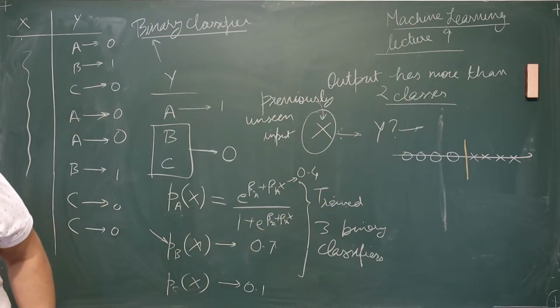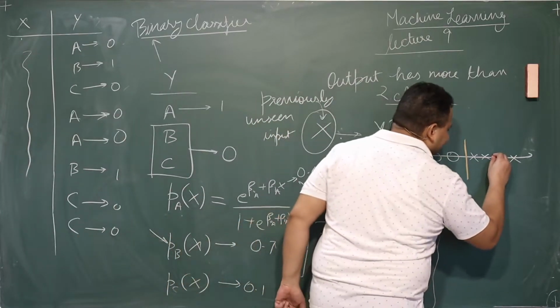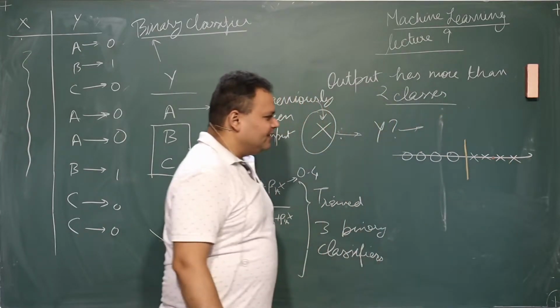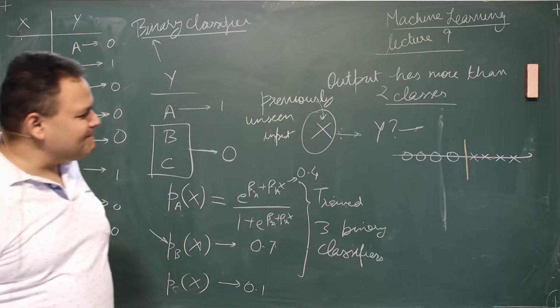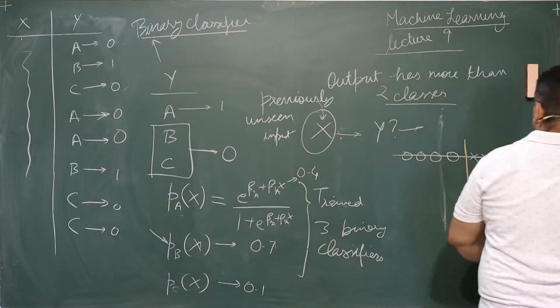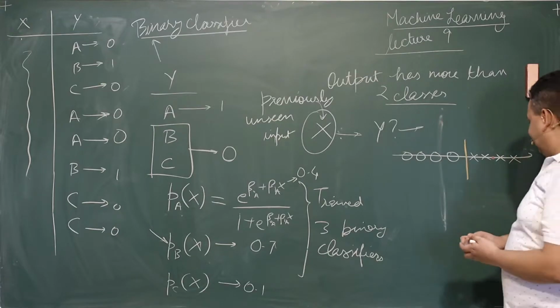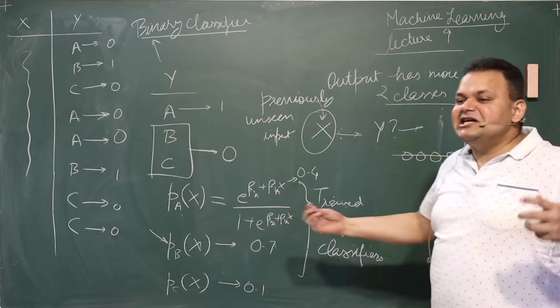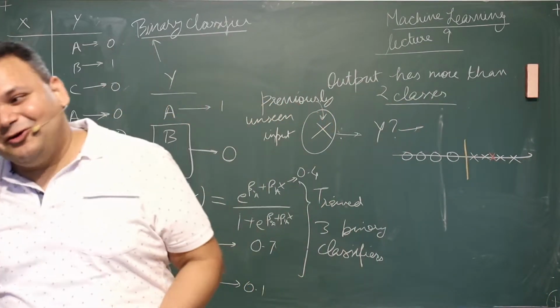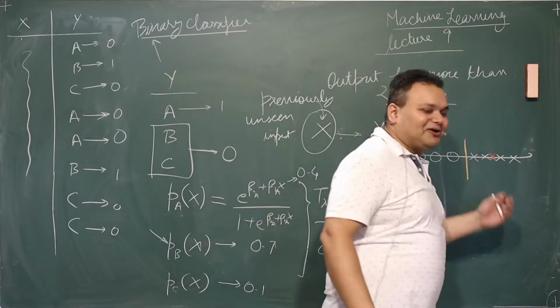Now I get a new data point, which is this. What do you think your output is going to be? It will be a cross. Yes, we are quite certain about it.